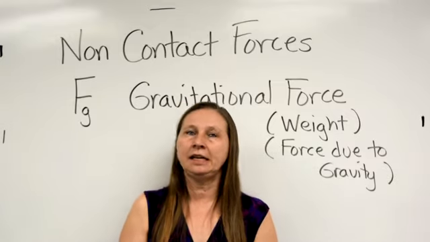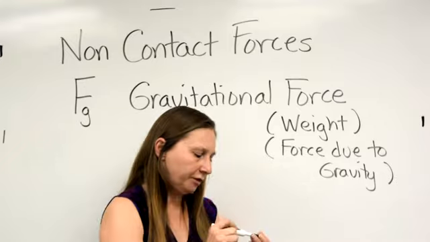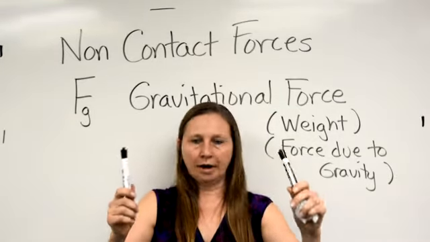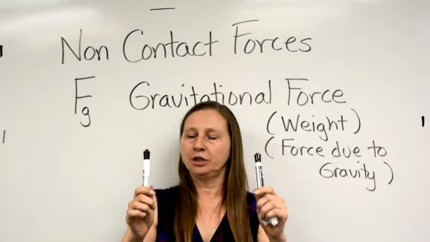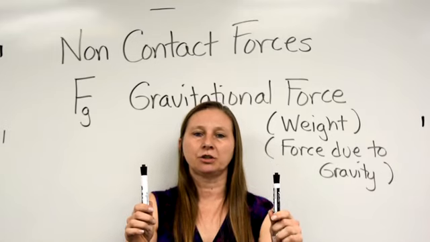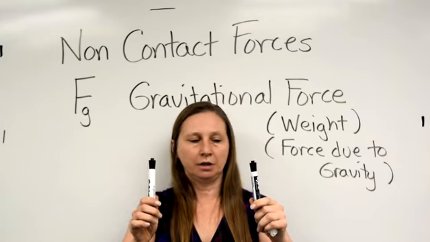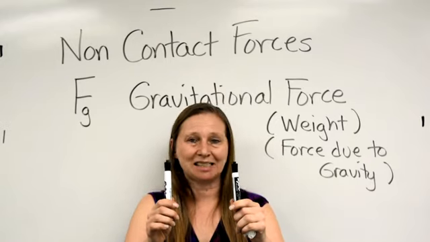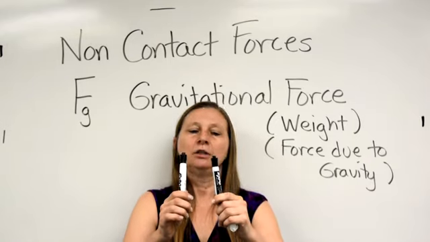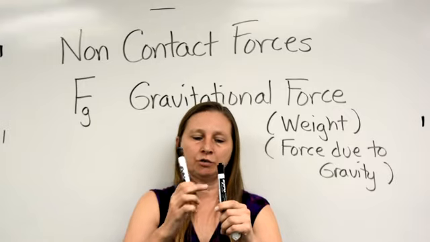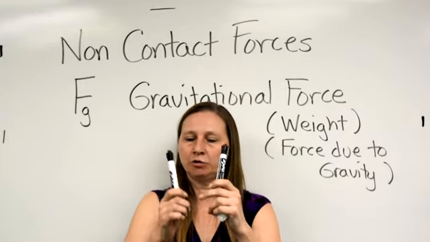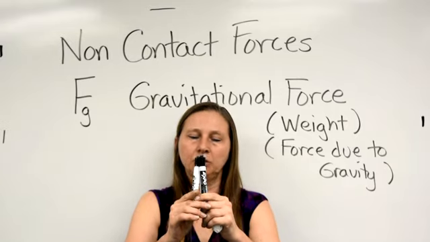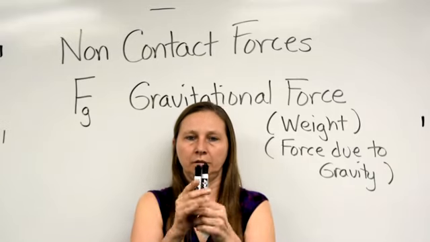Now, let's take the example of two of these expo markers in outer space. I put them right about here, this far apart from each other in outer space. Over millions of years, the gravitational force of the two markers, they both have mass, attracting each other, this one attracting that one, and that one attracting this one, they would pull each other together over millions of years and end up together.